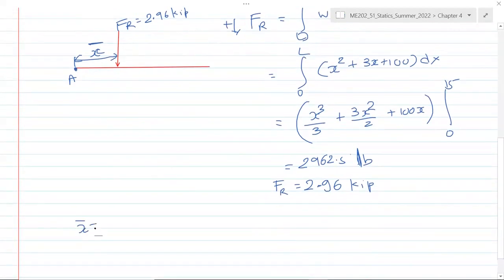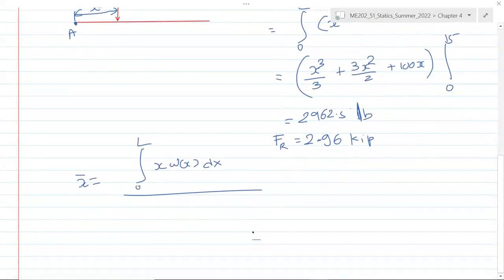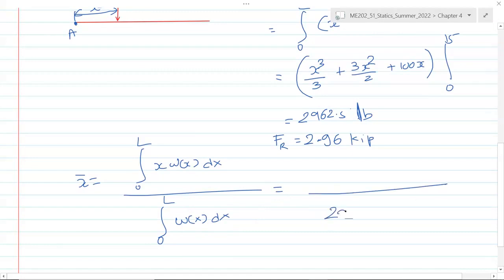So X bar is equal to the integral from 0 to L of x multiplied by W(x) dx divided by the integral from 0 to L of W(x) dx. I'm substituting for the denominator. I'm just writing 2962.5 because we just have calculated this in the previous step.